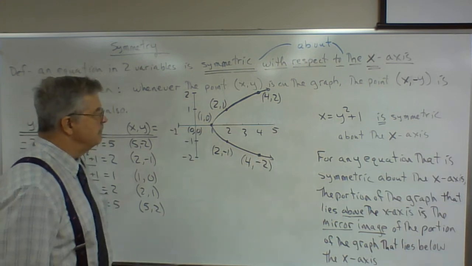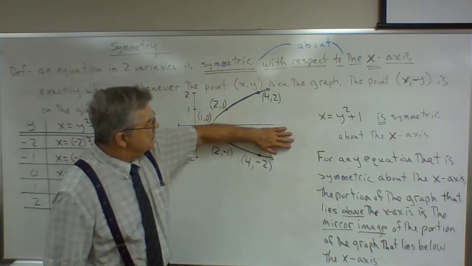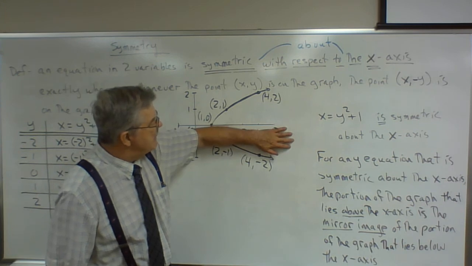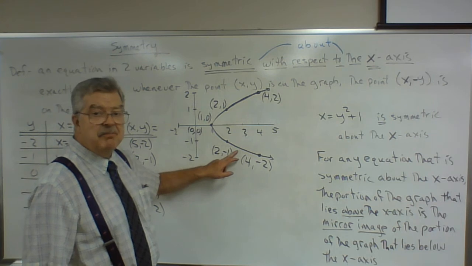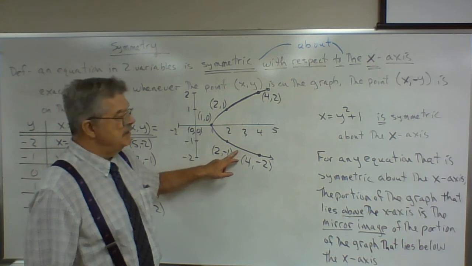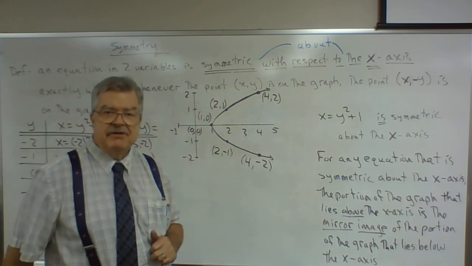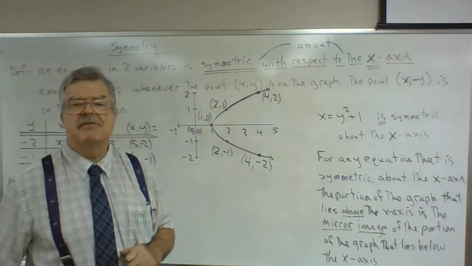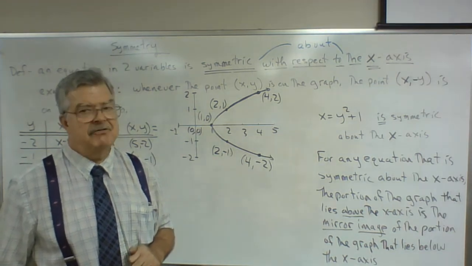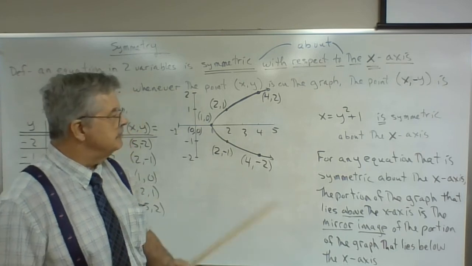And know something. The portion of the graph above the x-axis is the mirror image of the portion of the graph below the x-axis. And visually, that tells us when the graph of an equation is symmetric with respect to the x-axis.